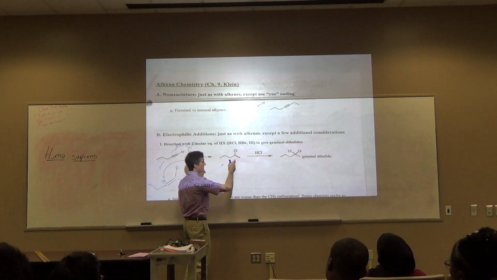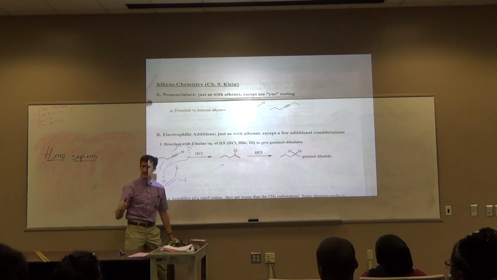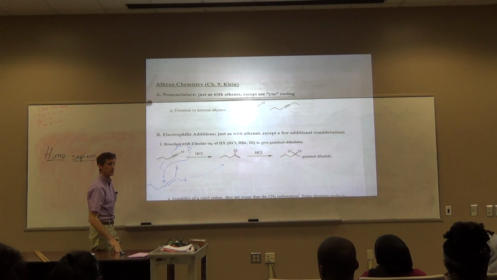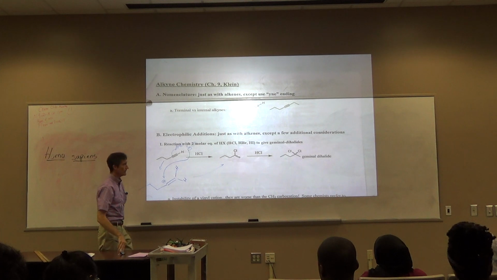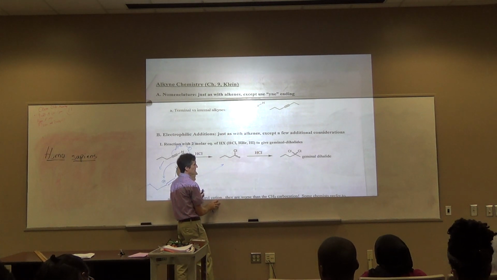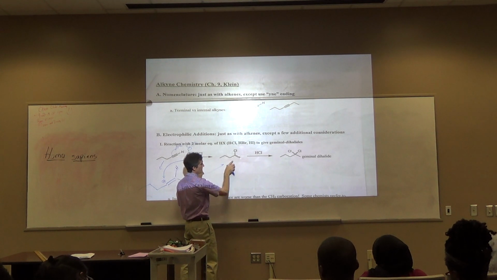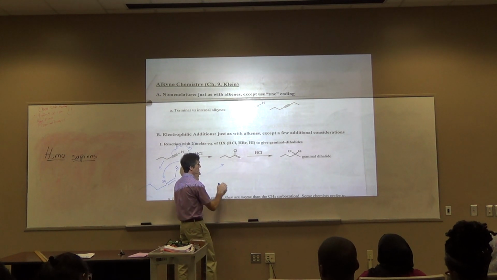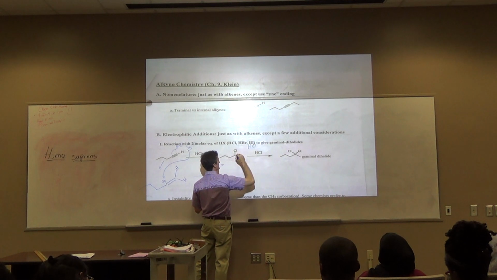Okay. But guess what? That product's an alkene. It can react. Can alkenes react with HCl? Yes, that's one of the first reactions we did. So they can just react again. So a second equivalent, and where are you going to make the cation? Left or right? Left. Correct, on the left. So this attacks H+.